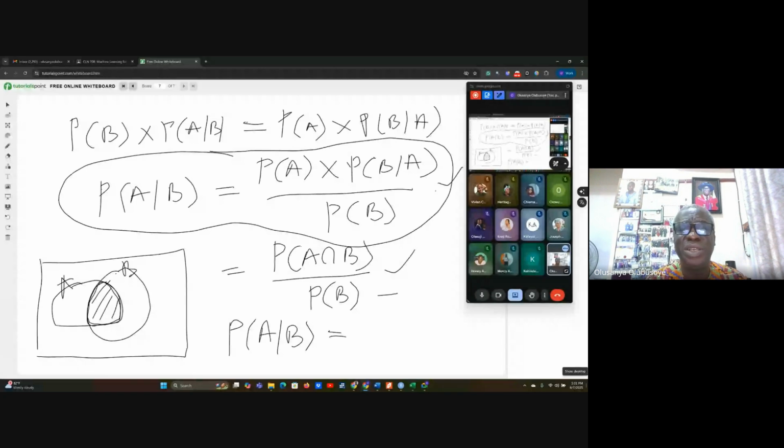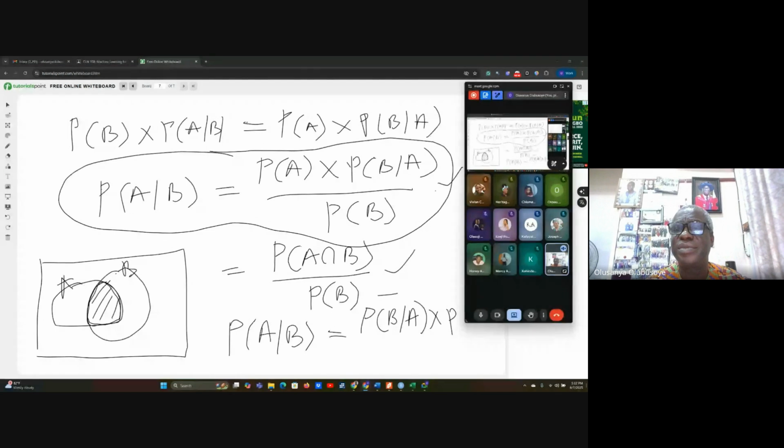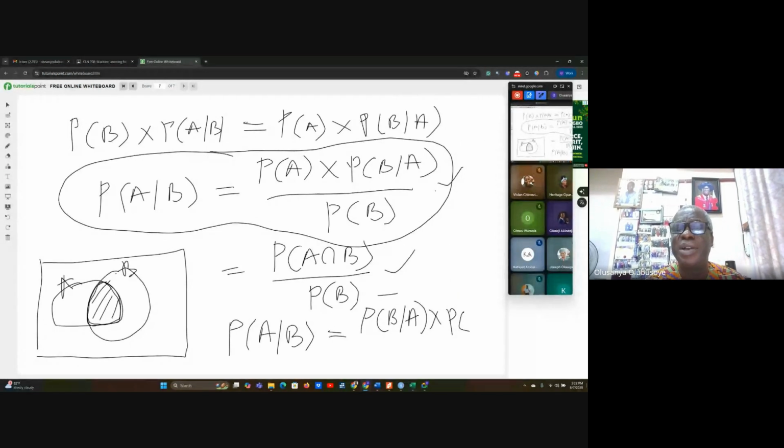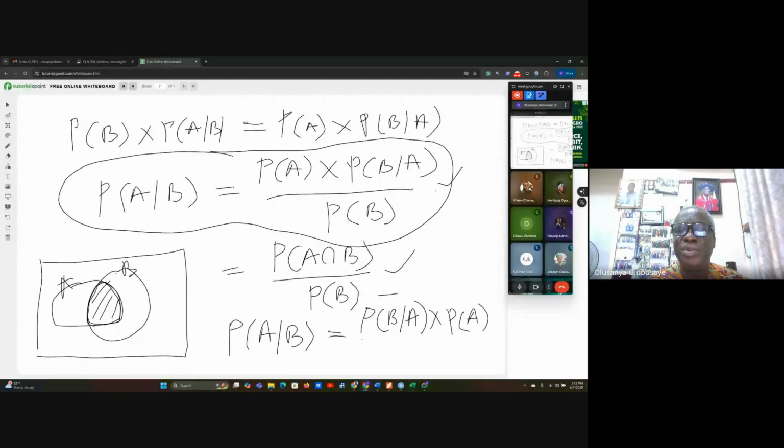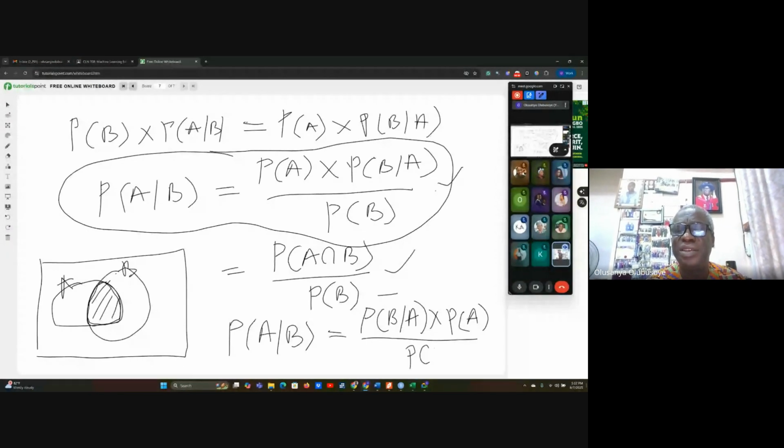When we write that this is probability of A given B, it equals probability of B given A times probability of A over probability of B. Now, this has a special name.